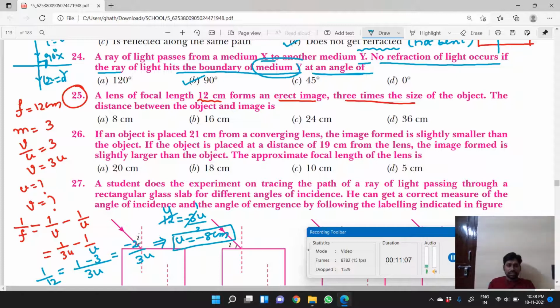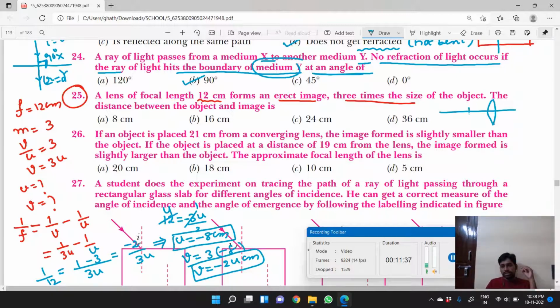Image distance is 3 times minus 8, which is equal to minus 24 centimeters. It indicates that negative means the image is formed on the same side of the lens. Hence, for the distance between the object and image, this is a convex lens.